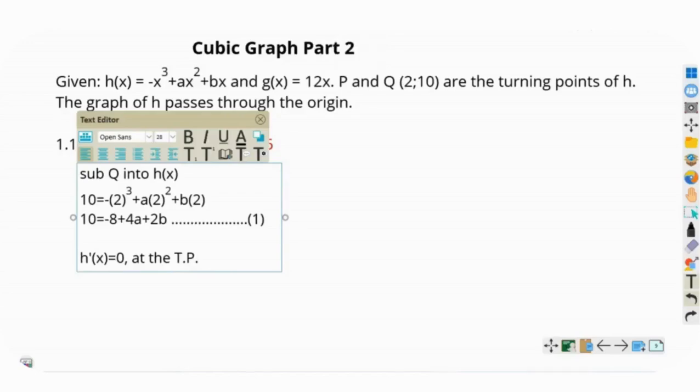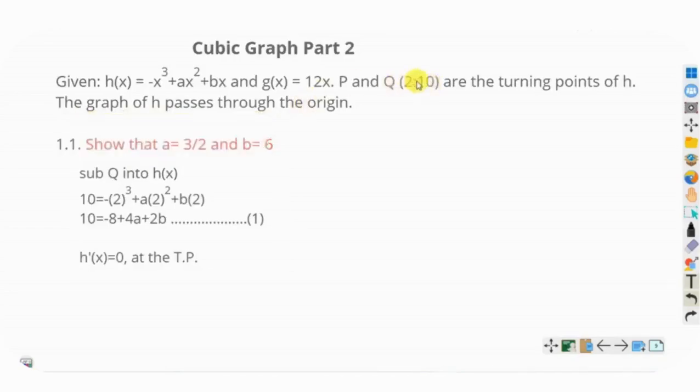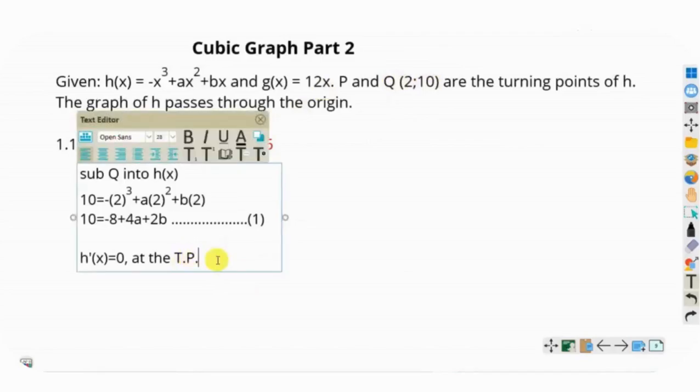The x value of the turning point is what? It's 2, because we are told that P and Q are the turning points. So we know the x coordinate of the turning point, and x equals 2 at the turning point.